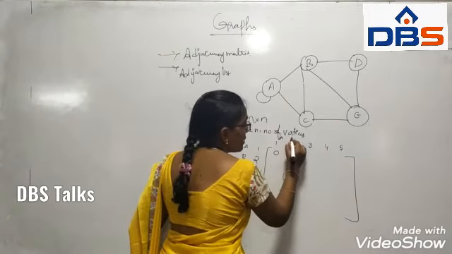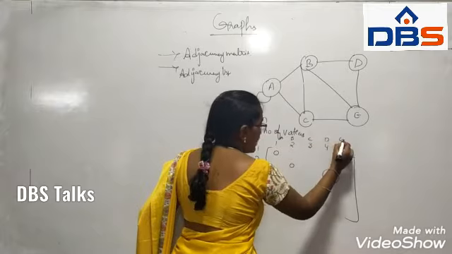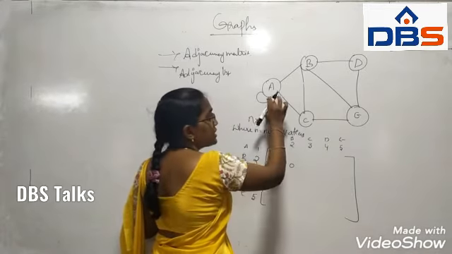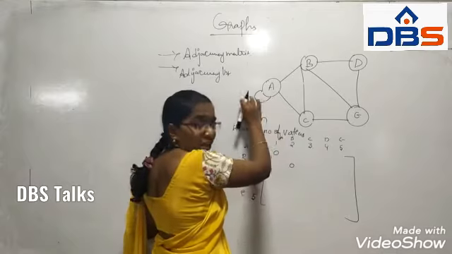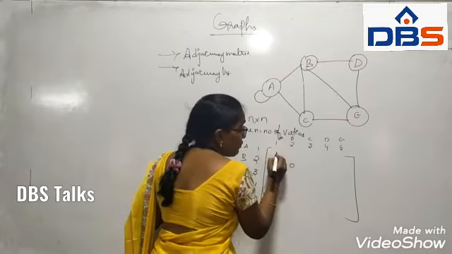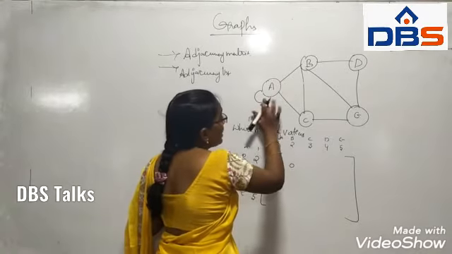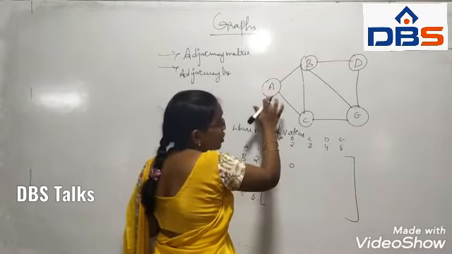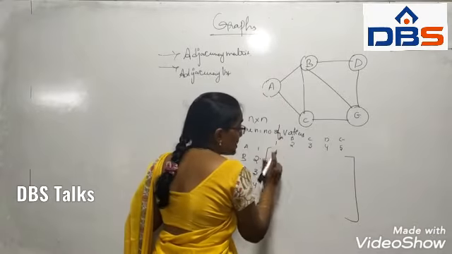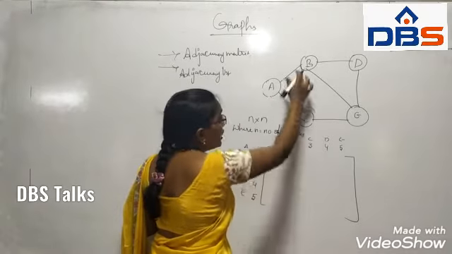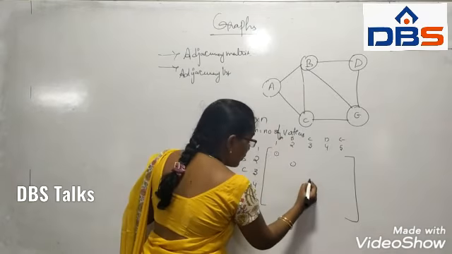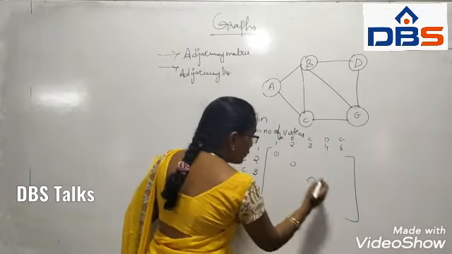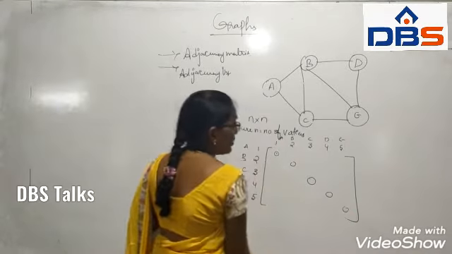Here also we represent A, B, C, D and E. If we had a self-link we would represent it with 1, but there is no self-link, so we represent it with 0.